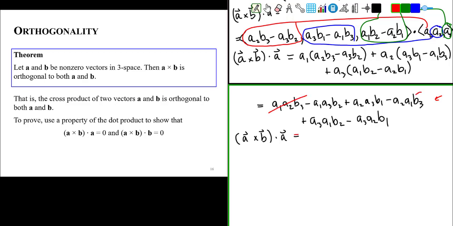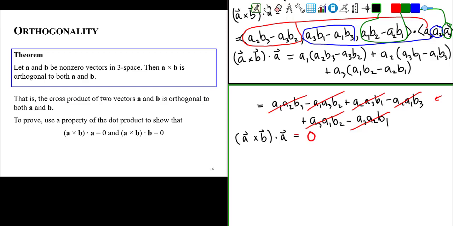Those two terms cancel. Now I'm looking at minus A1, A3, B2. That cancels with A3, A1, B2. And now I see A2, A3, B1 cancels with A3, A2, B1. Notice that ends up being equal to 0.